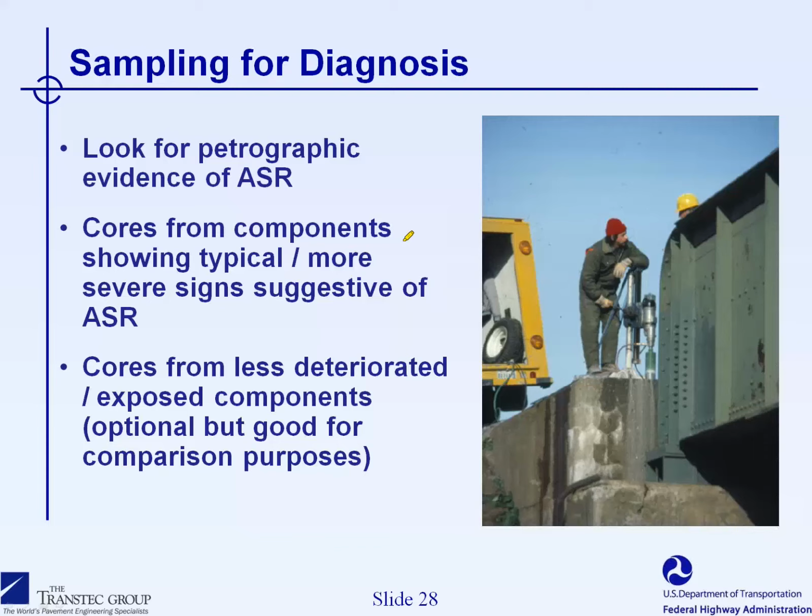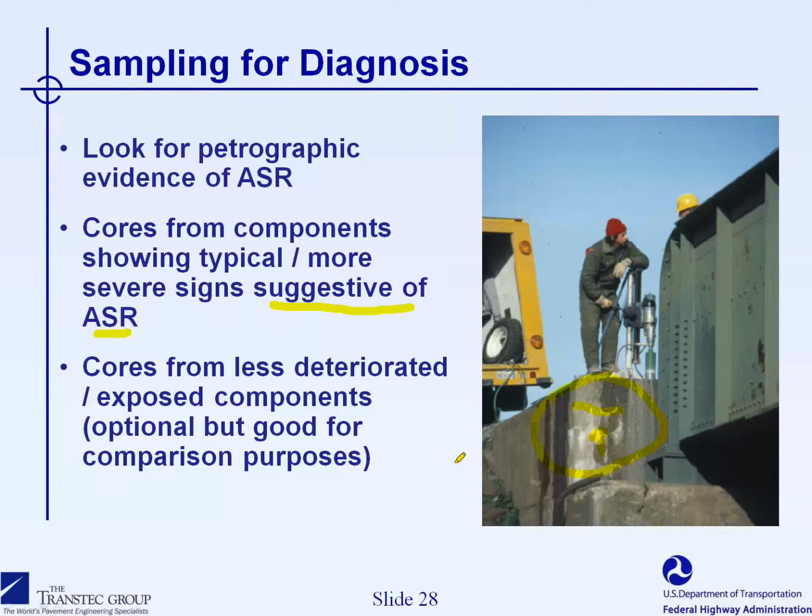So the sampling is done for diagnosis. It means that cores will be taken in order to determine whether ASR is present and could be a factor responsible for deterioration. So cores will be taken in bridge elements or pavements showing signs that are suggestive of ASR, as you can see in this example here, gel exudation or efflorescence, as well as cracking.